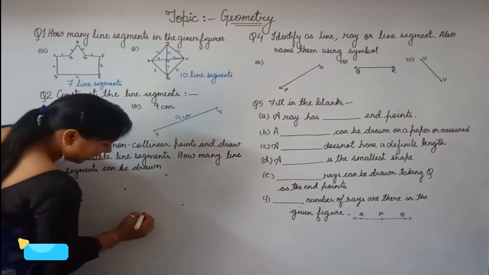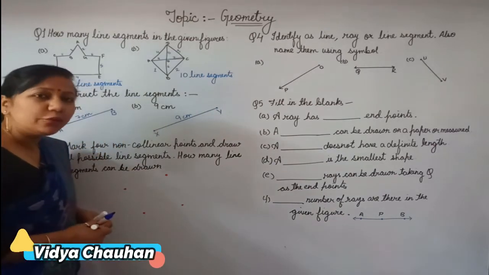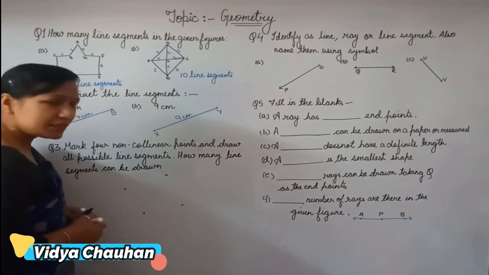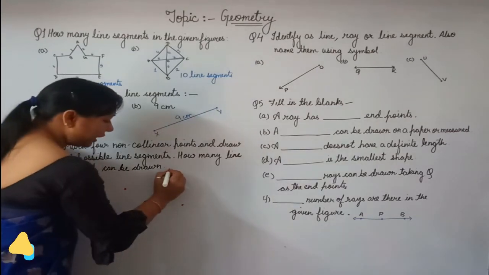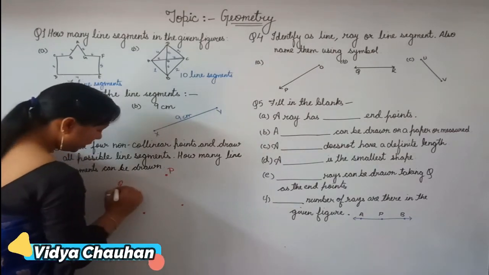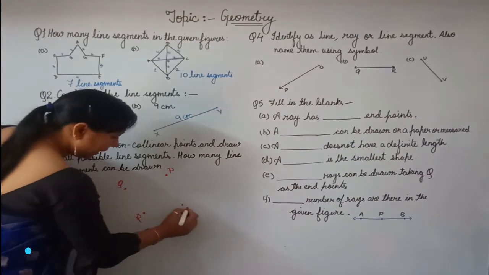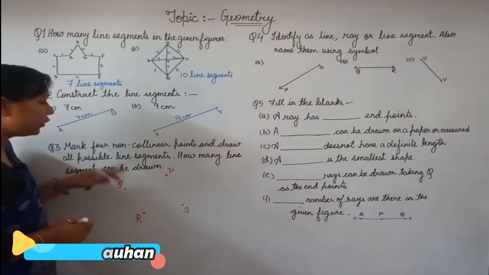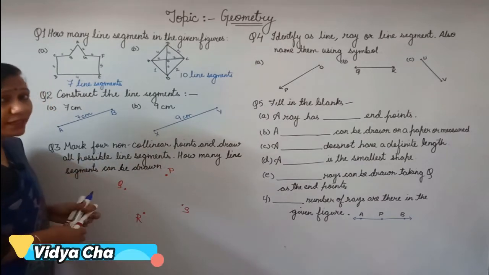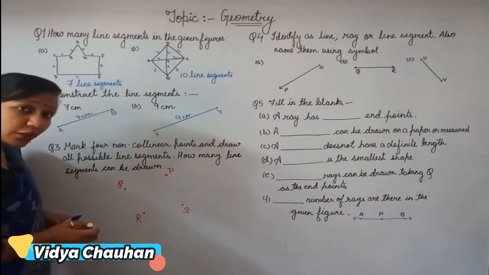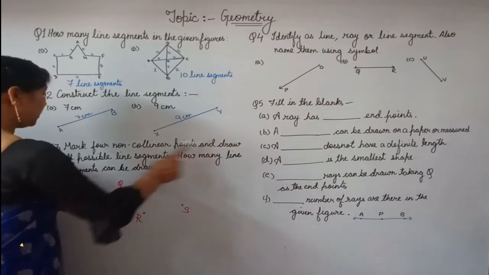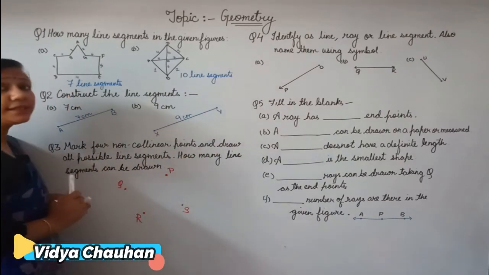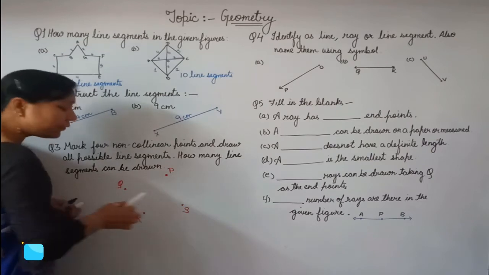So here students, I have just taken randomly 4 points anywhere on this board, and let's give it name also, P, Q, R, S. So I have given these points the naming as P, Q, R, S. Now it is said that you have to draw all possible line segments using these 4 points.